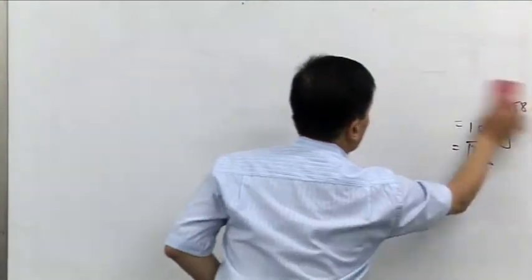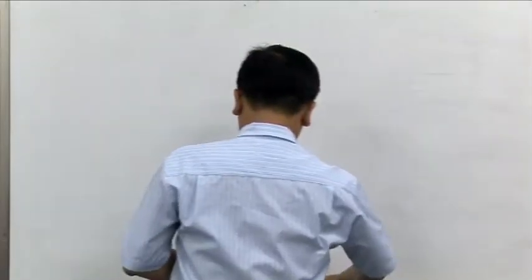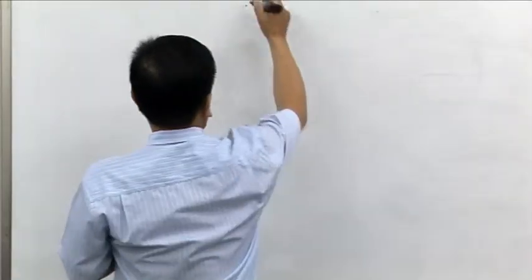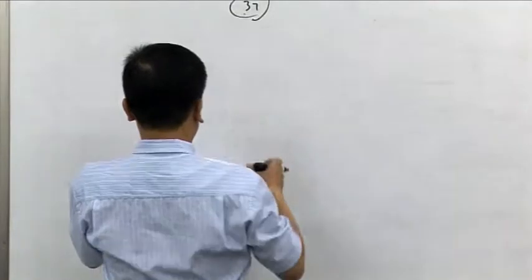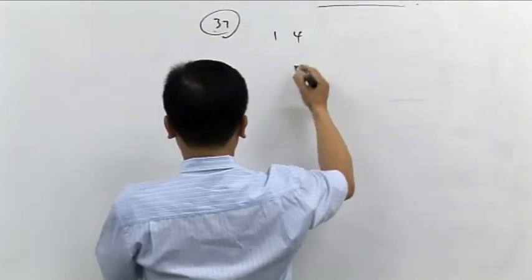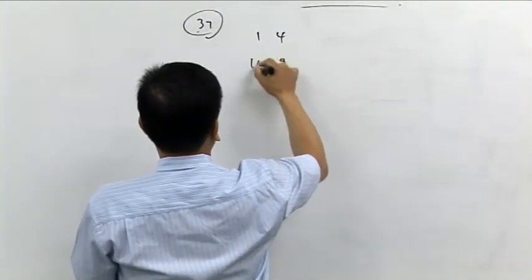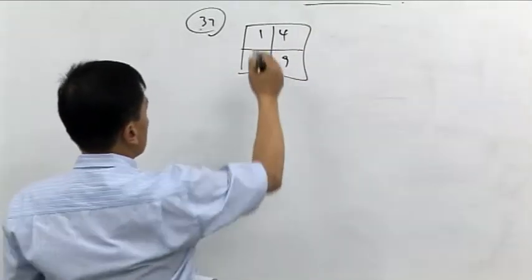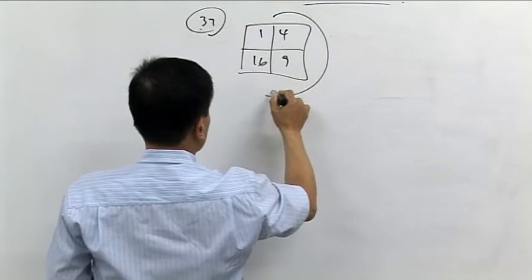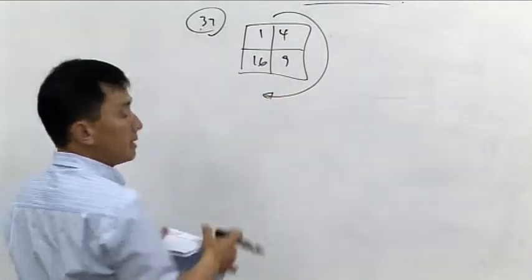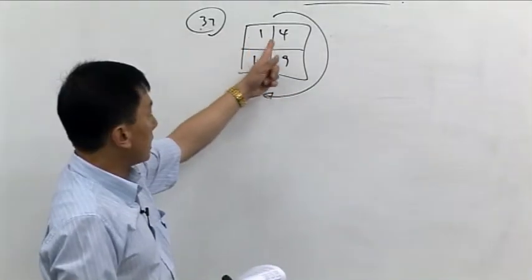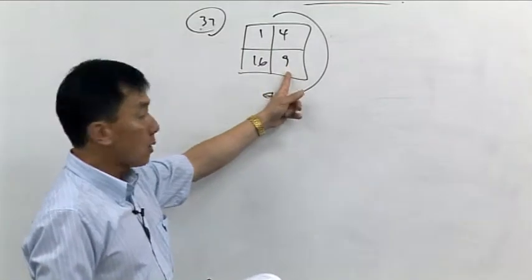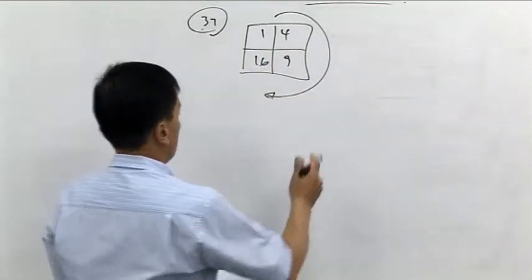Let's record this down. So the first one is 1, 4, 9 and 16. I'm going in a clockwise direction, and these are all square numbers. That's 1 squared, that's 2 squared, that's 3 squared, that's 4 squared.